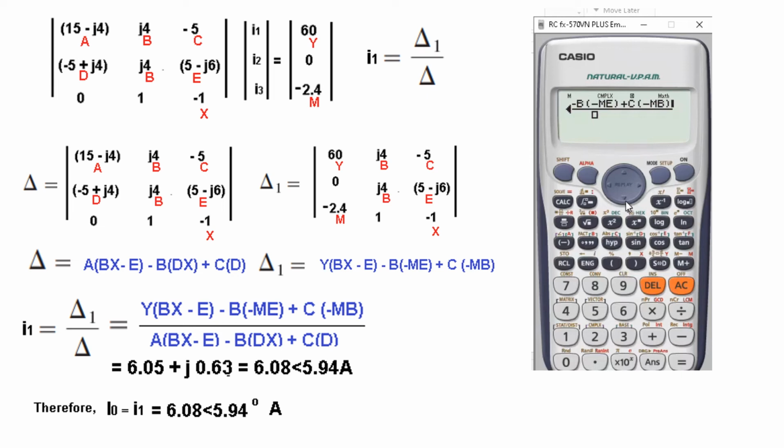Now we are going to go to the denominator, so we press this. In the denominator we also have to write a bx minus e.